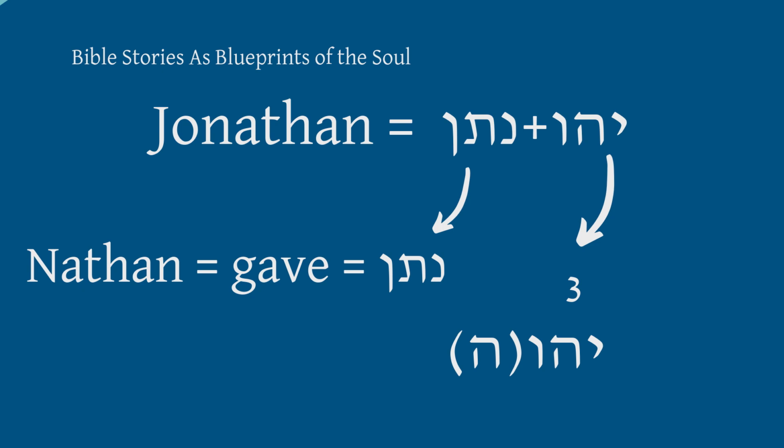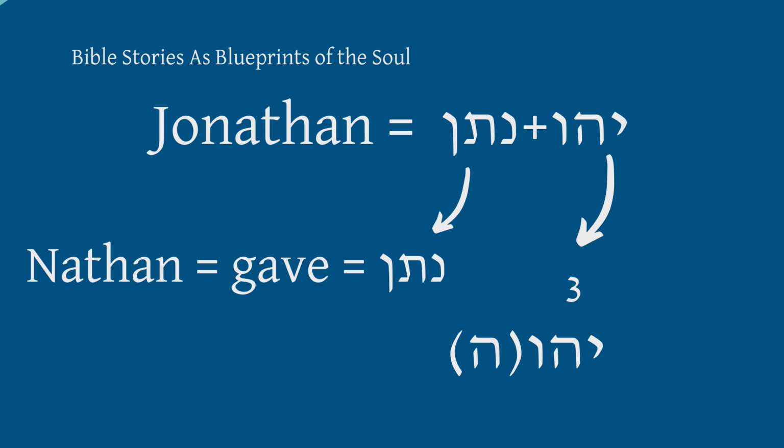Another aspect of the name Natan, because it's also a name, Nathan in English, not just a verb in Hebrew. The name Natan is written in Hebrew in 3 letters, Nun, Tav, Nun.